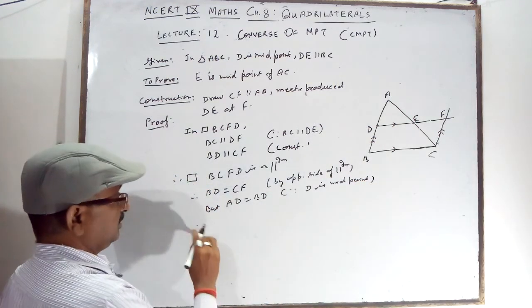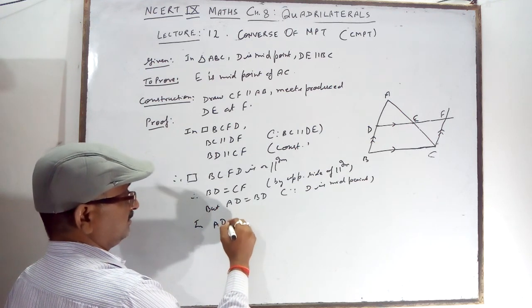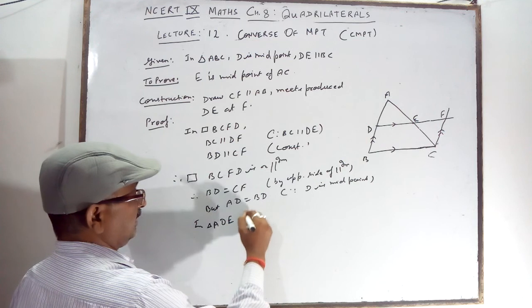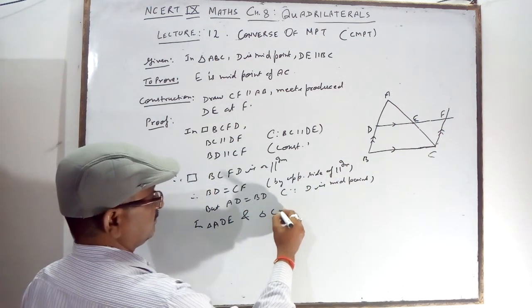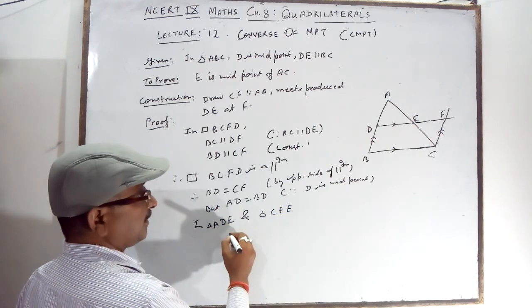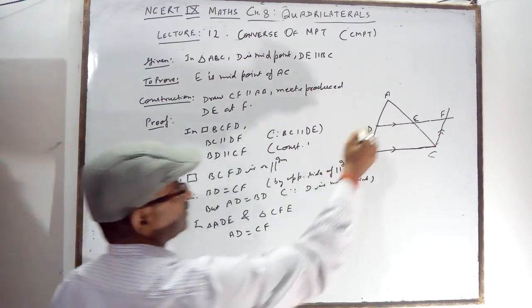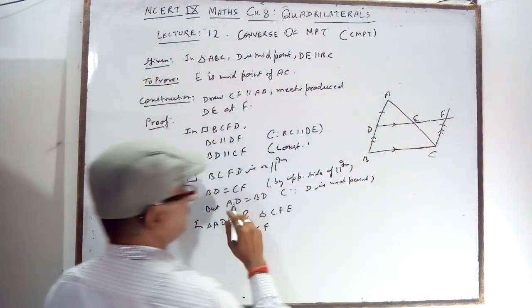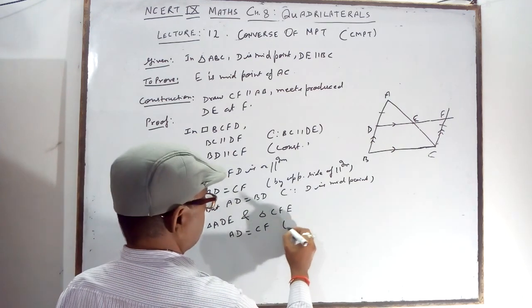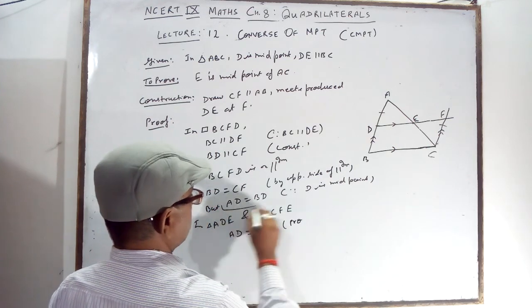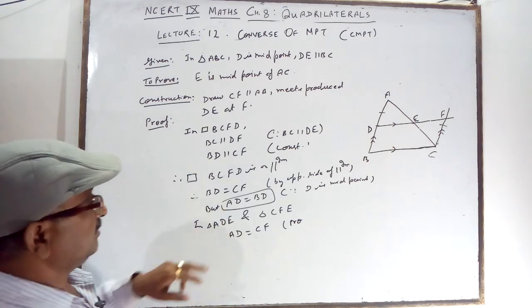So, in triangle ADE and triangle CFE, AD is equal to CF. This is equal to this, you have proved. CF, proved above. AD is equal to BD, given.